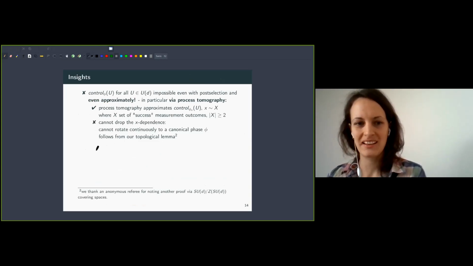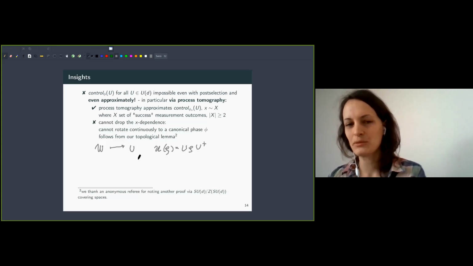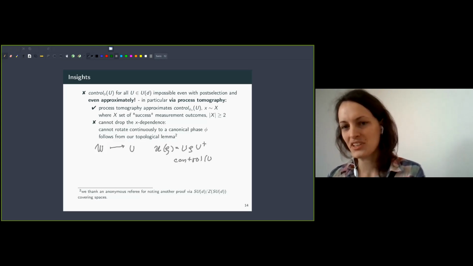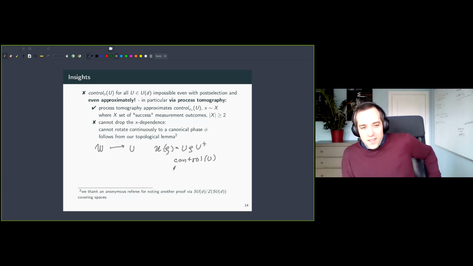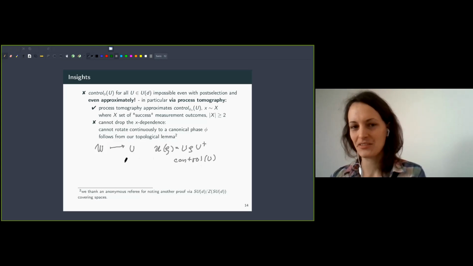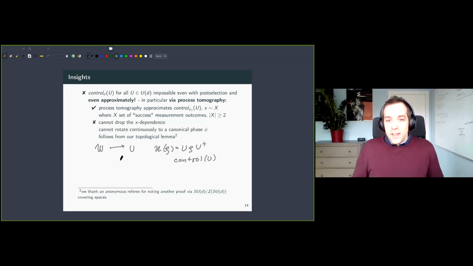So say some curly U, but then we actually need to choose some unitary such that this is true. And we need to make a choice because we want to implement control of U, which is sensitive to the global phase. It makes a difference which one I choose. So actually, this impossibility has something to do with the fact that this cannot be a continuous choice, a section. Right.